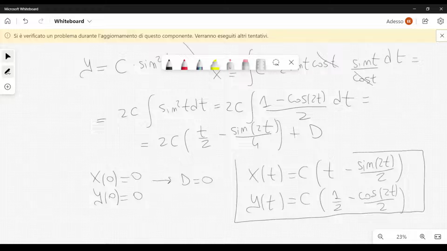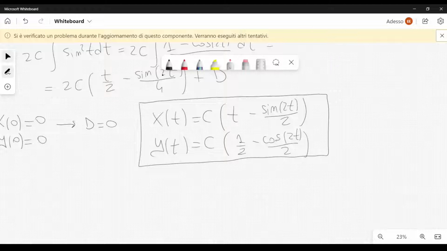These two equations describe our function y of x. So this is a parametric description of our curve, and it is a cycloid.